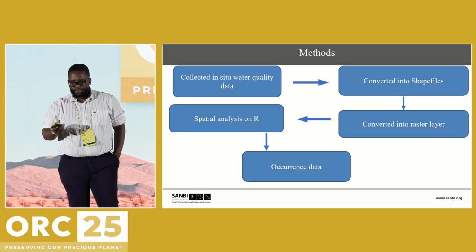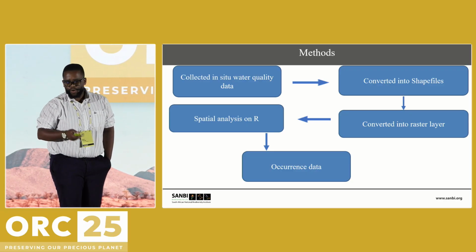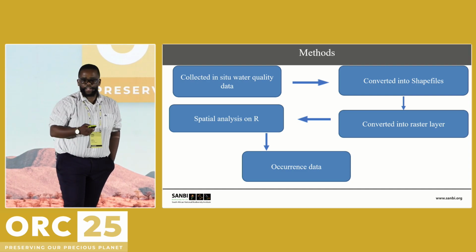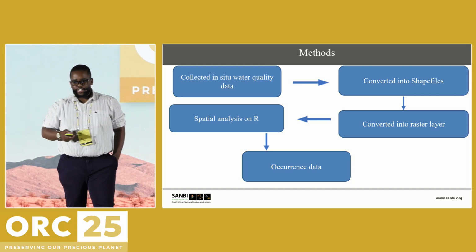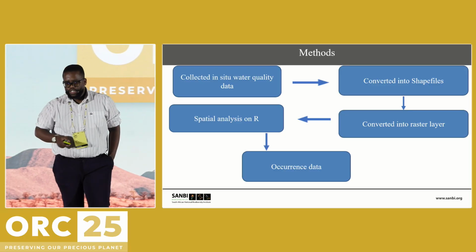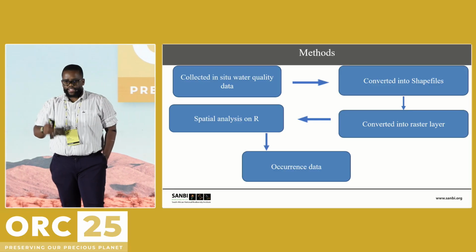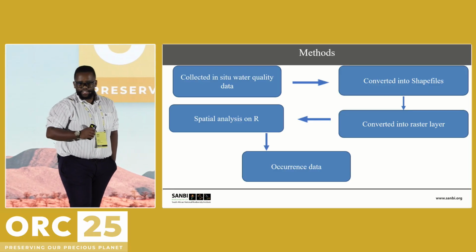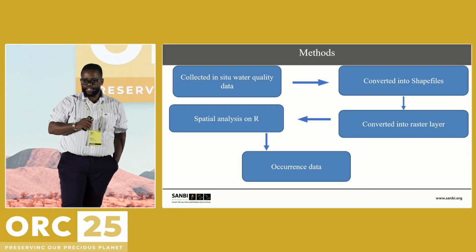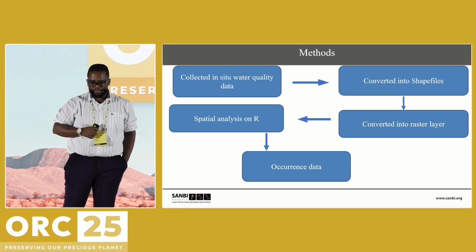This metadata was converted into shapefiles using ArcMap. The shapefiles were then converted into environmental raster layers using the IDW spatial analyst, which interpolates a raster surface from points using an inverse distance weighted technique.